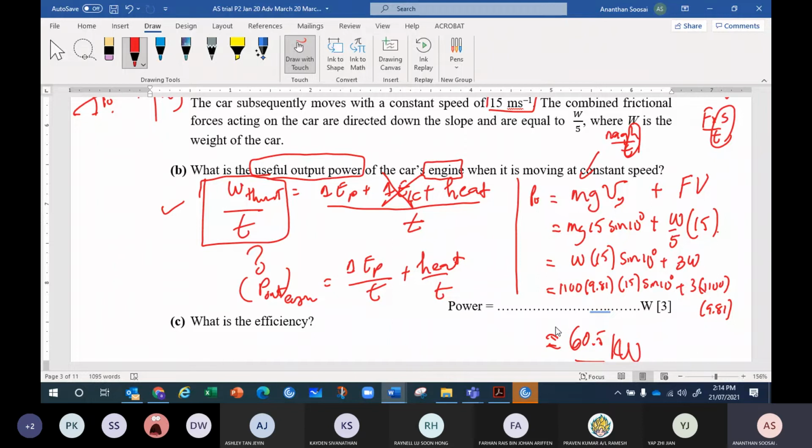Any parts you don't understand? I get it now. I think this formula is quite universal. If you want power, you divide by time. If you want energy, then just don't divide by time. Any other questions?